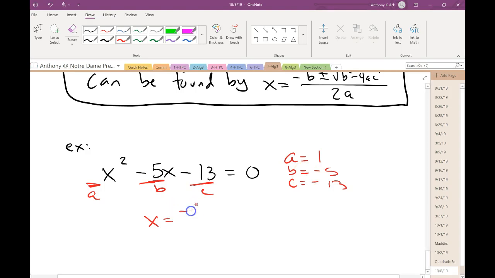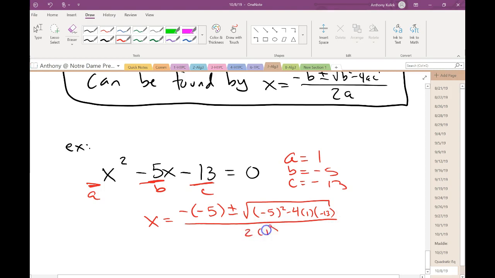So I'm going to have negative b plus or minus the square root of b squared minus 4ac, all over 2 times a.